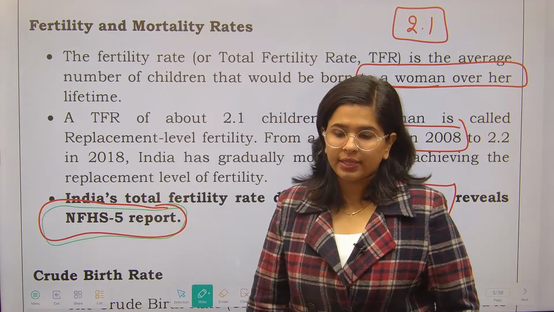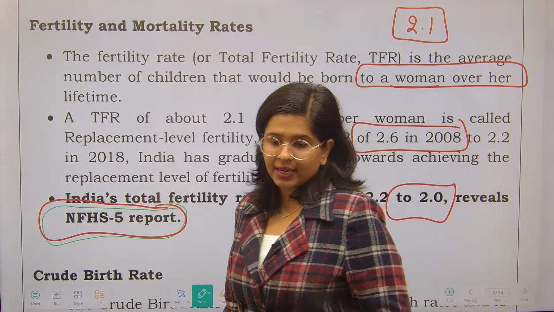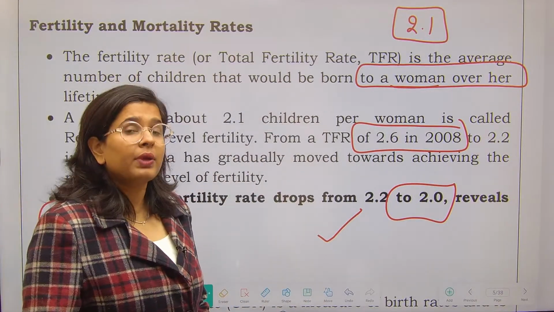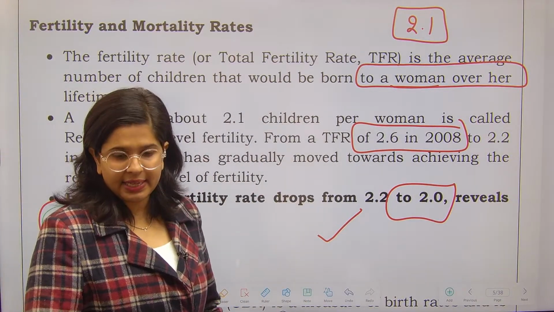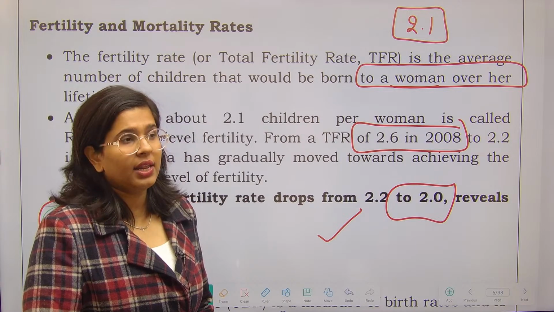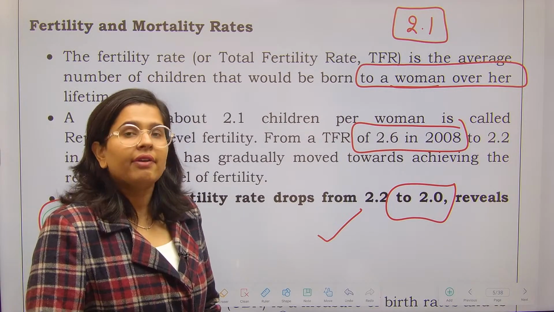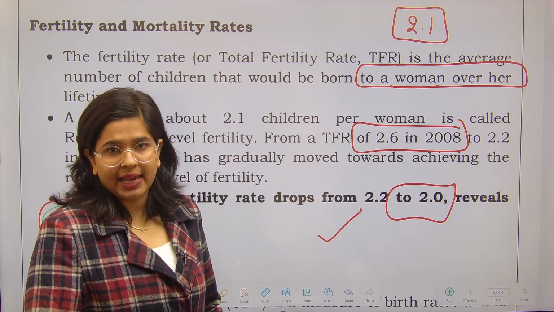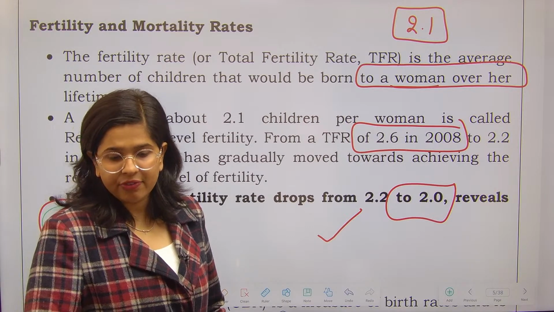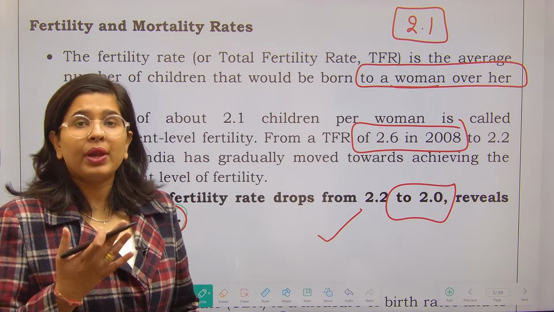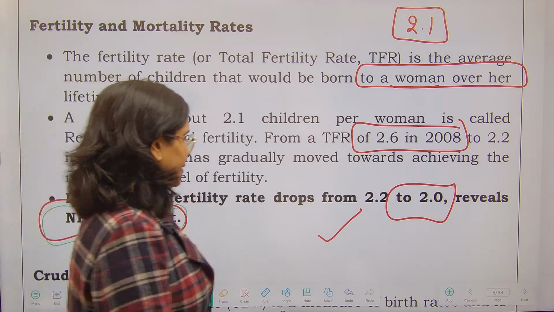So this says that now India's TFR, that is total fertility rate, has become 2. It is below the replacement level fertility. That means the current population exactly will not be replaced, and in future we are going to see a population decline. ठीक है, population decline हम face करेंगे. That is what it means by having a below replacement level fertility.